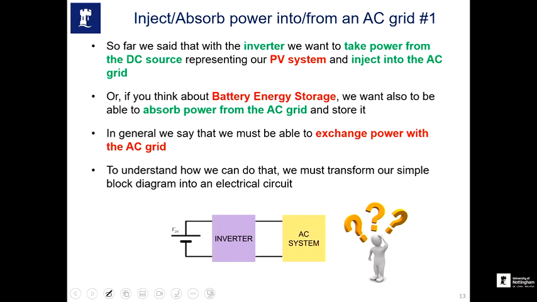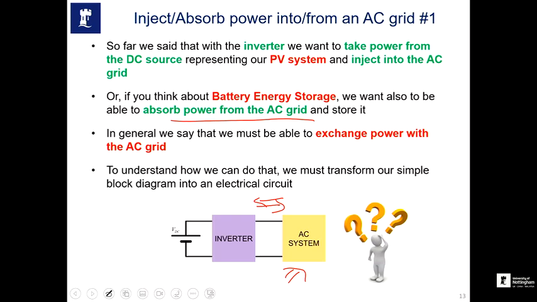So what we have seen with that example of the battery energy storage is that we want to absorb power from the AC grid and store it. From the AC system perspective as well, the power is bidirectional.